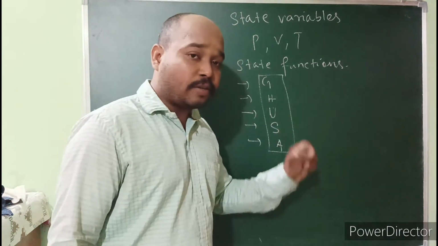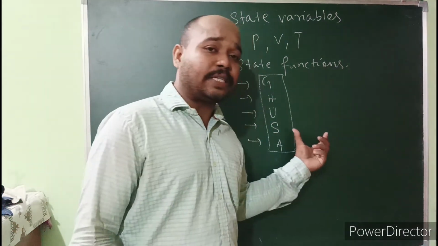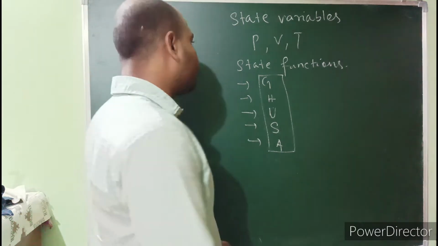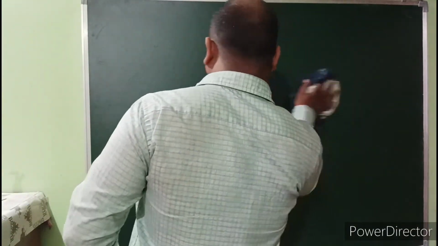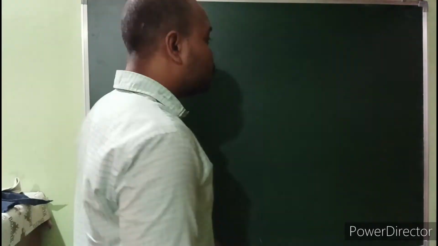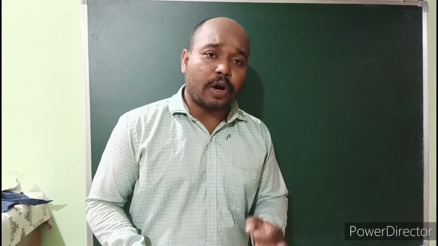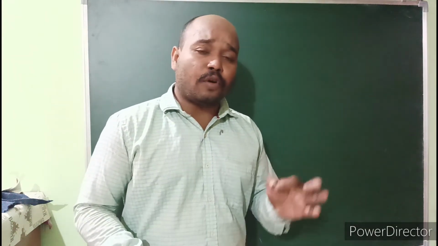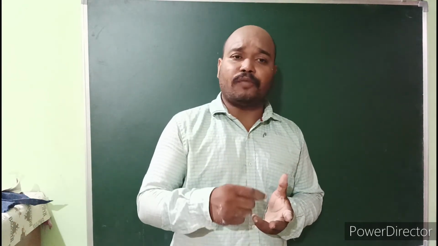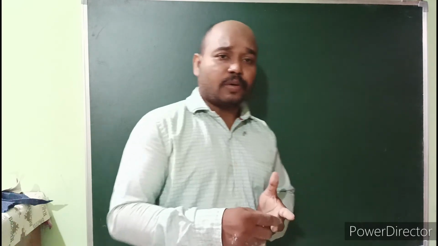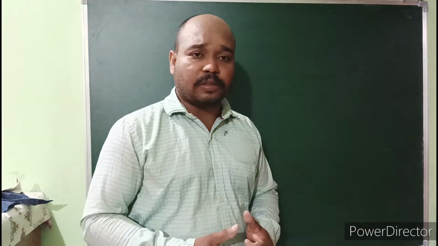These are also examples of extrinsic property, so all state functions are also extrinsic properties. The more important thing is that state functions do not depend upon the path followed by the system. They only depend upon the initial value and the final value. That's why we cannot determine an absolute value for a state function.